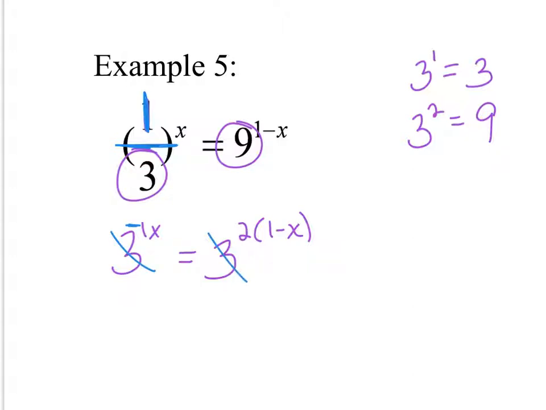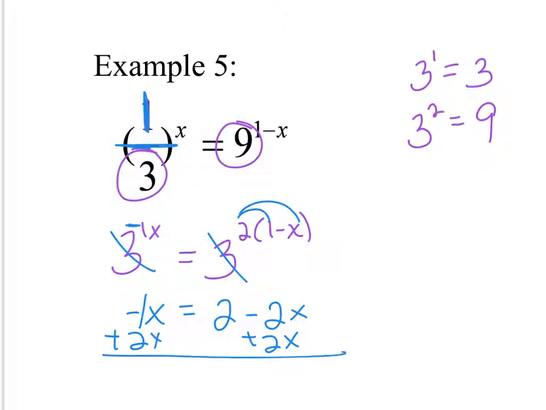The bases get dropped and we get negative x, or negative 1x, equals 2x minus, that happened, equals 2 minus 2x. I'm distributing in there. And we solve. So I'm going to add my 2x. And I get x equals 2. Because this is positive 1, and we're left with that.